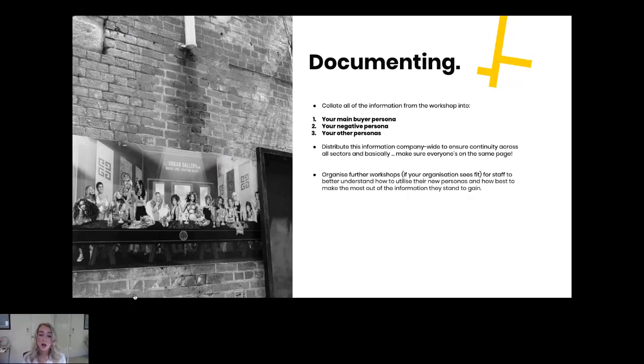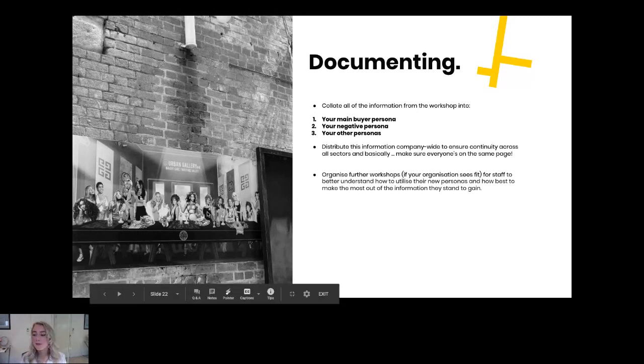You can then organize further workshops if you see fit, for your staff, so they can better understand how they can utilize these new personas and how best to make the most from the information they stand to gain. Your buyer personas will be virtually useless if your staff don't know what they mean or don't know how to use them. So ensure that everyone knows what great effort you've put into making them and why they're so important.